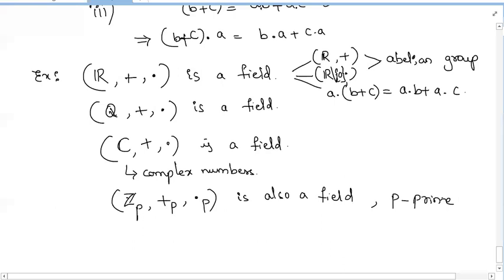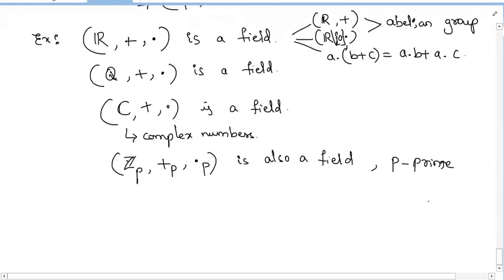You will see Z_p in group theory. We don't need much about Z_p, but in CSIR somewhere they may ask about the field Z_p. I will define and explain Z_p when I do the related problems, if required.